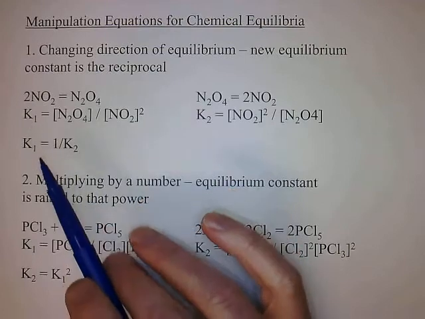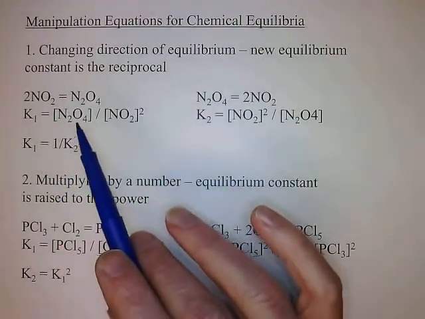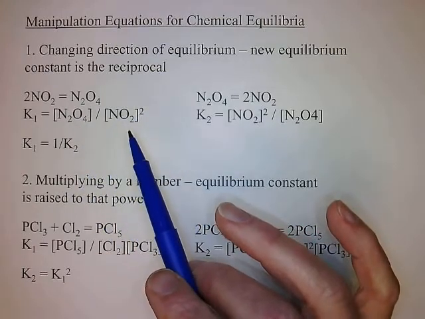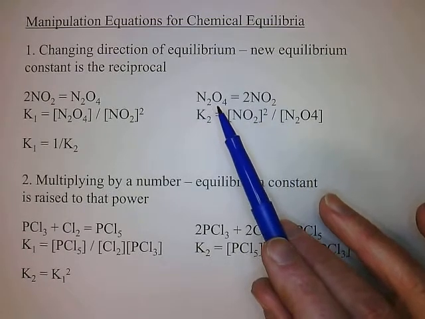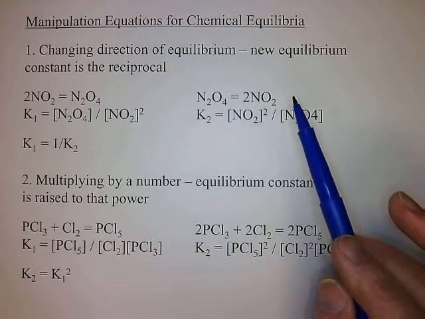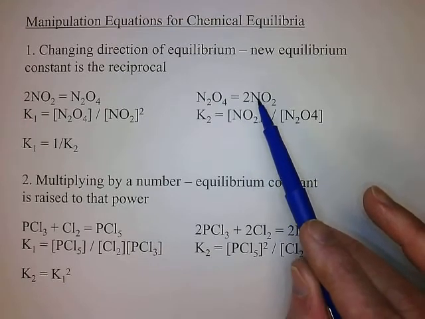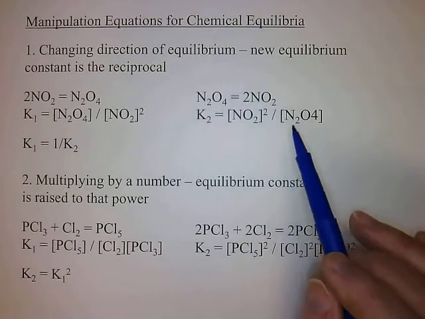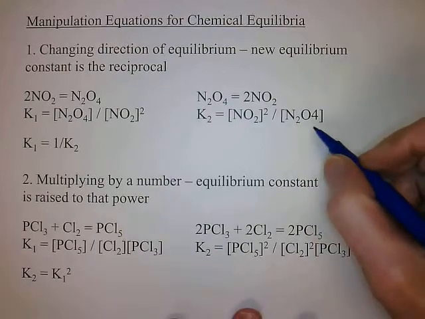Our first K, K1, is the concentration of N2O4 divided by the concentration of NO2 squared. We wrote the reciprocal of that, which is N2O4 in equilibrium with two NO2s. Then this K is the concentration of NO2 squared, coefficients become the exponents, divided by N2O4.